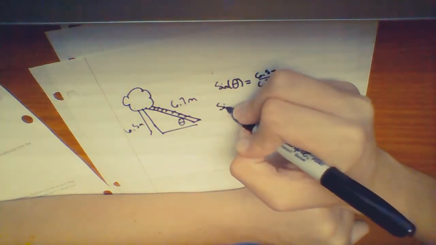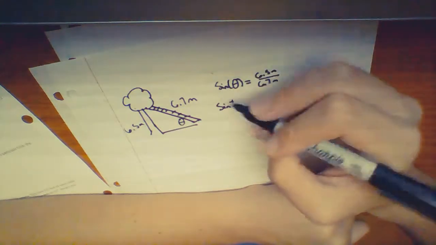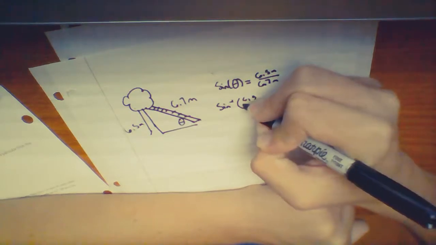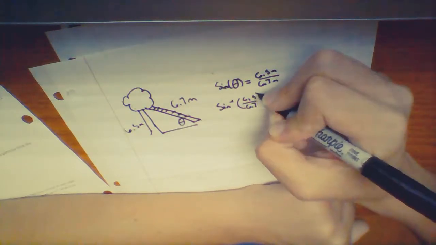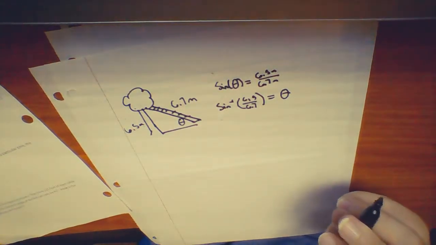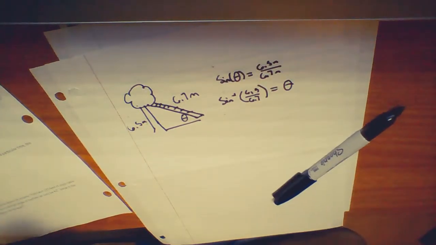And to solve for theta, we have to take the inverse of sine, which would be 6.5 over 6.7, and that would equal theta. And so what we do is we enter this into the calculator.